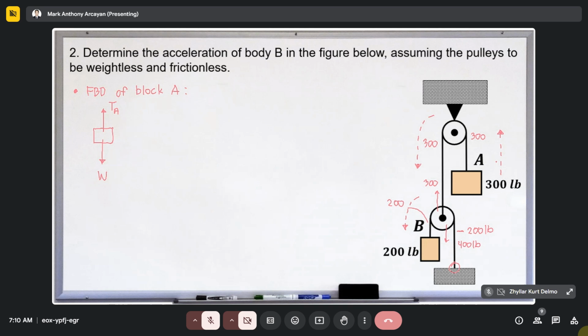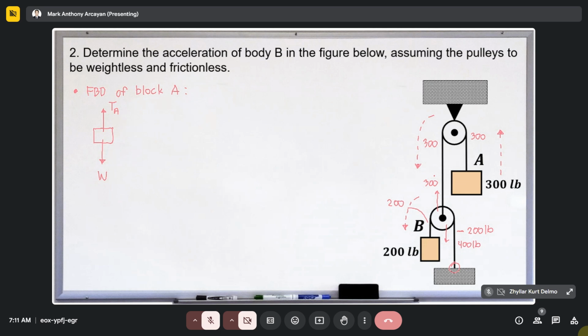Class, if we arrive at a negative value for our acceleration, the reason would be the assumed direction of our motion. If it is negative, then the true direction of motion is opposite to our assumed direction of motion. So we are done with the static analysis.